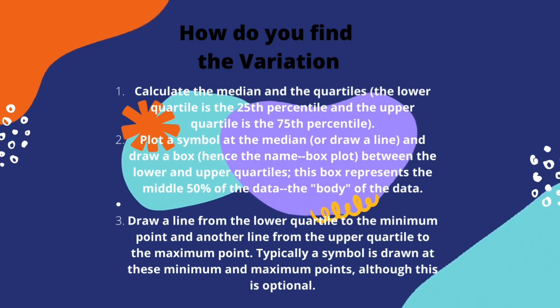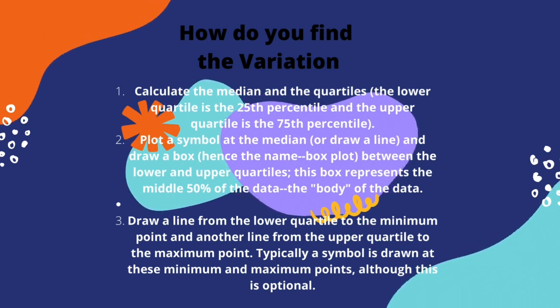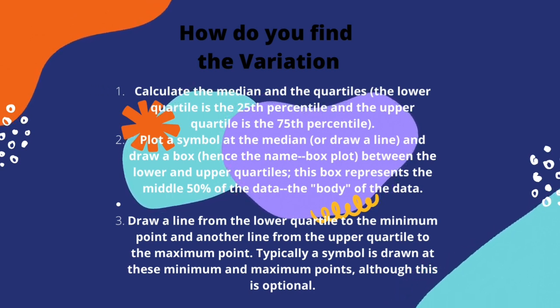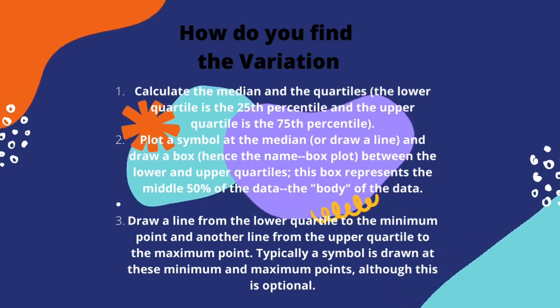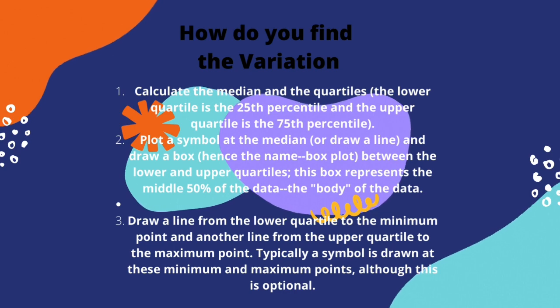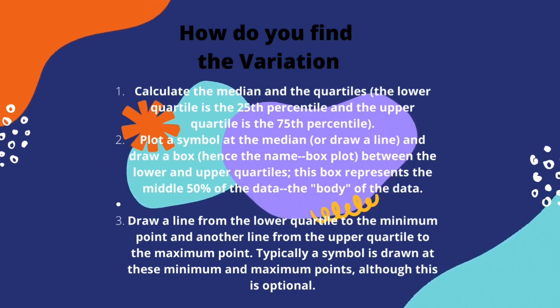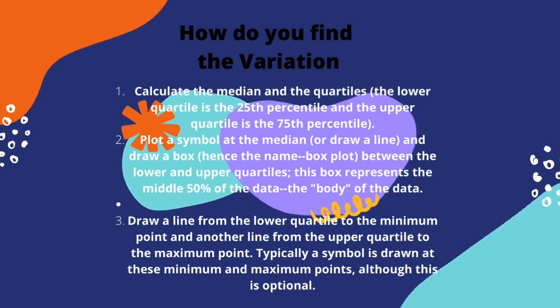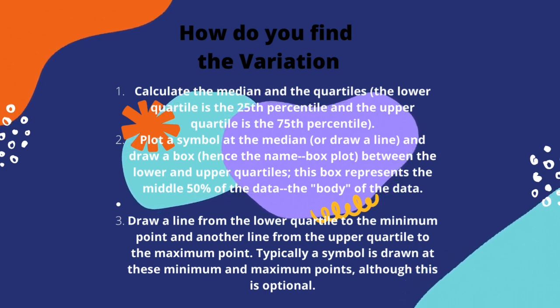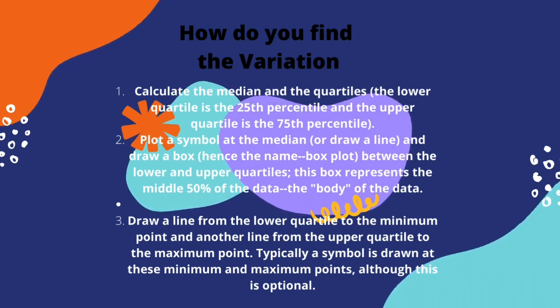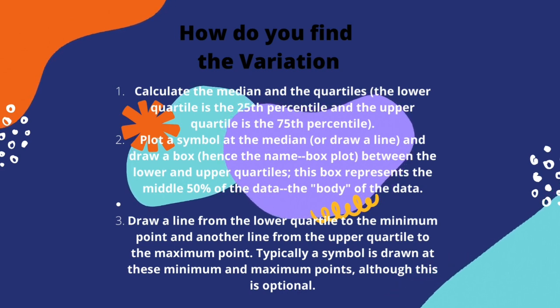Between the lower and the upper quartiles, this box represents the middle 50% of the data, the body of the data. Third, draw a line from the lower quartile to the minimum point and another line from the upper quartile to the maximum point. Typically, a symbol is drawn at these minimum and maximum points, although this is optional.